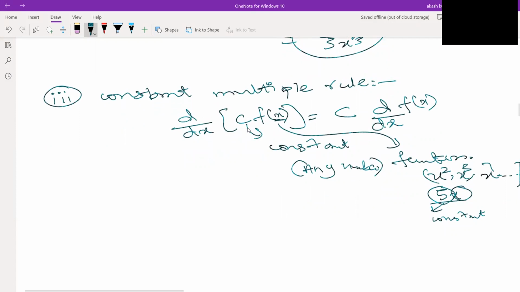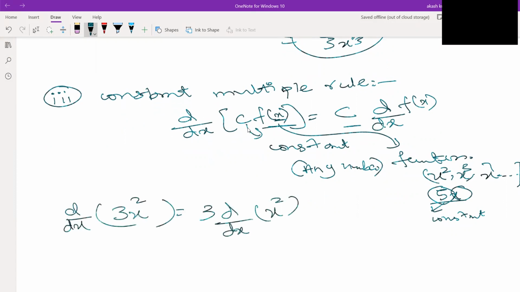The function will always be in terms of x, so you will get an idea that this is the function and this is the constant. For example, if someone asks us to find the derivative of 3x squared, we'll take 3 out because it's a constant term, and we just derivate the x squared.